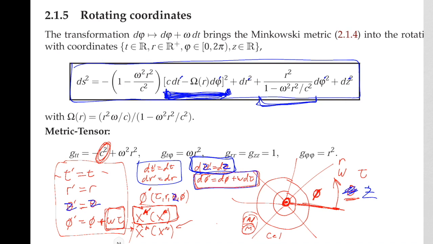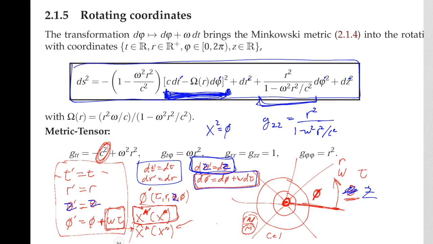Now this would be g22, because x2 is probably phi, the way we're going to map it. So g22 is now r squared over 1 minus omega squared r squared c squared, which would be nice with c equal to 1, then you wouldn't have that term. But it's not the way they do it.